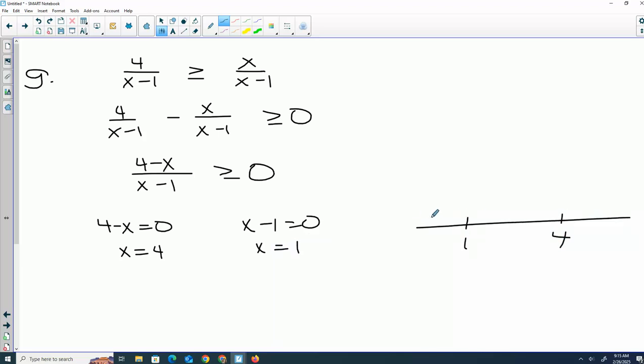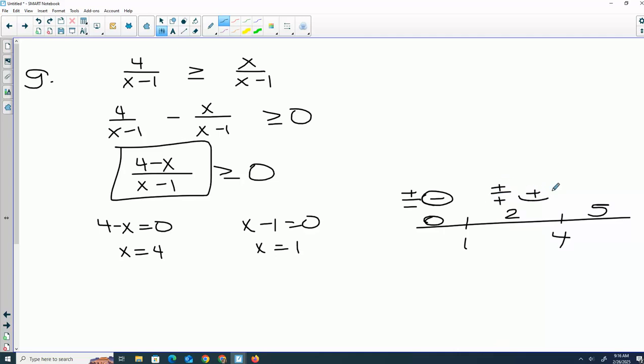So test points, smaller than 1, in between 1 and 4, and bigger than 4. I'm putting them into this fraction. So 4 minus 0 is a positive number, 0 minus 1 is negative, so that section's negative. If I put in 2, 4 minus 2 is positive, 2 minus 1 is positive, 2 positives make a positive. If I put in a 5, 4 minus 5 is negative, 5 minus 1 is positive, negative and positive is negative.